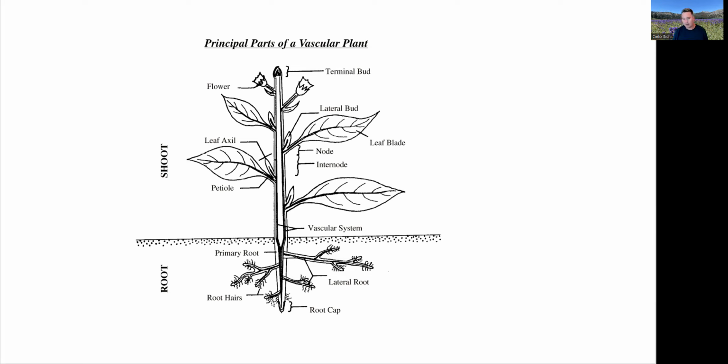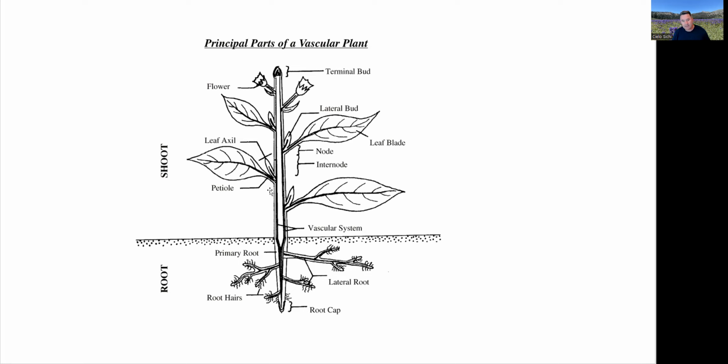So these are characteristics, again, that we can observe on plants to identify the plants. And we can also use some of these characteristics or parts of plants to identify whether there's something wrong with the plant or if there's some sort of abiotic plant disorder. Okay.